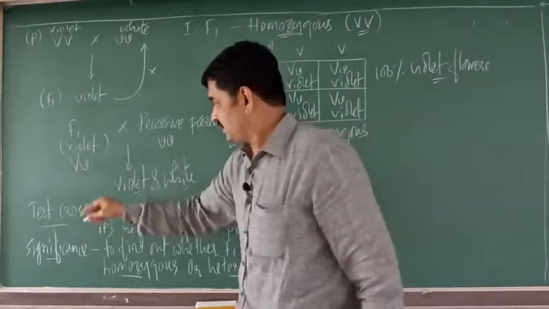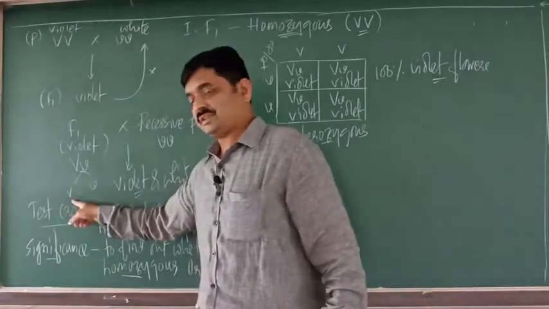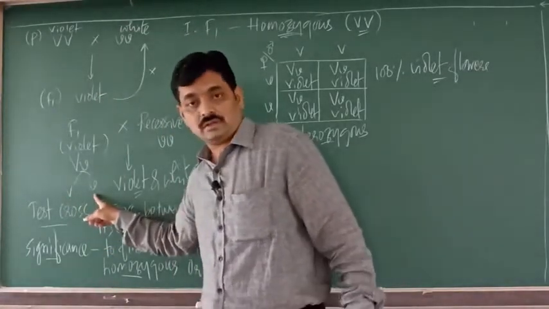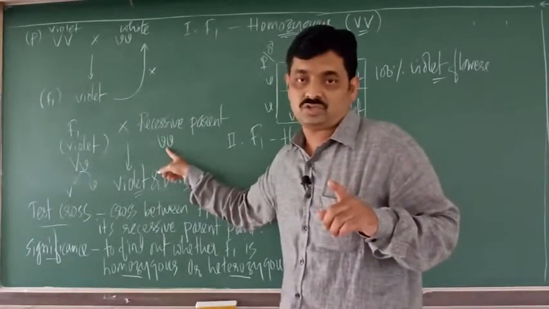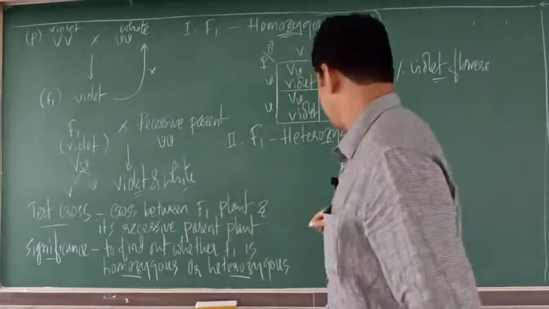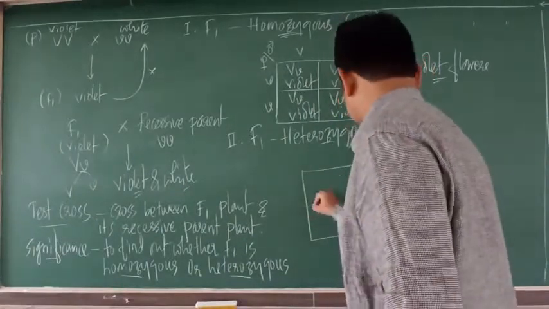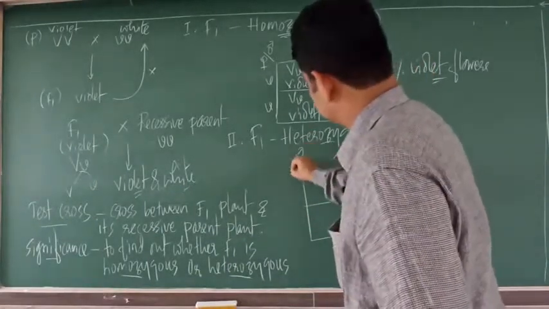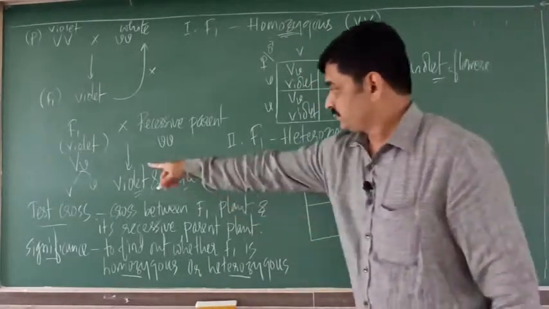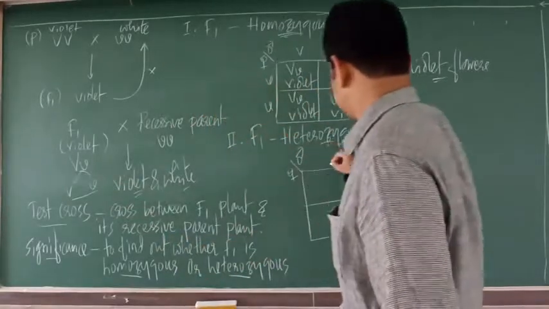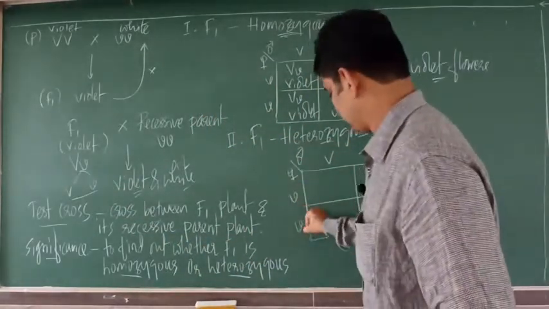This F1 now, how many types of gametes will it produce? Two types of gametes. 50% having dominant gene and 50% recessive gene. Here all gametes will have only recessive gene. So substitute these gametes on the Punnett square. Right? So here these are the two types of gametes. Here only one type of gametes.